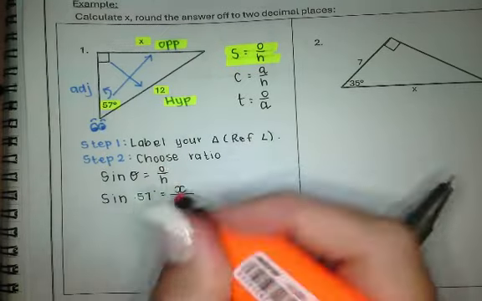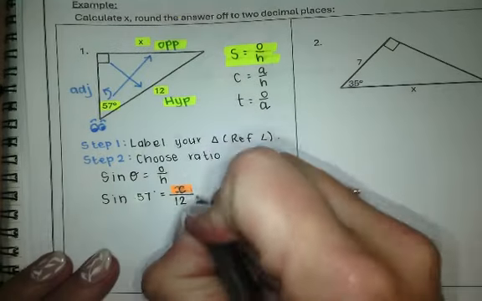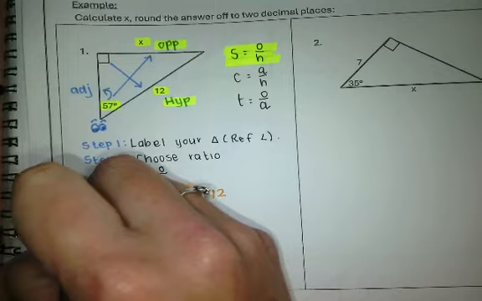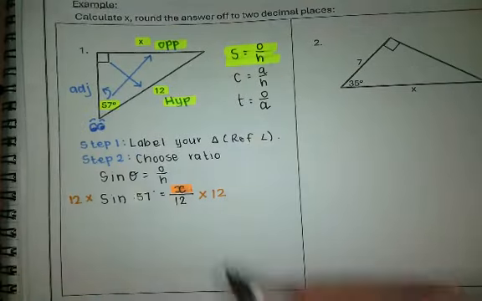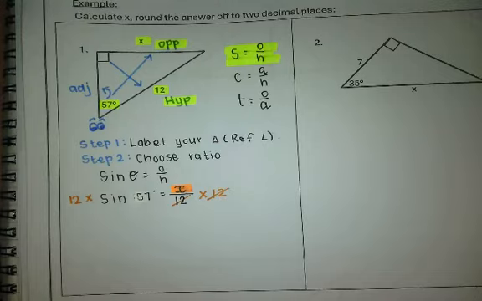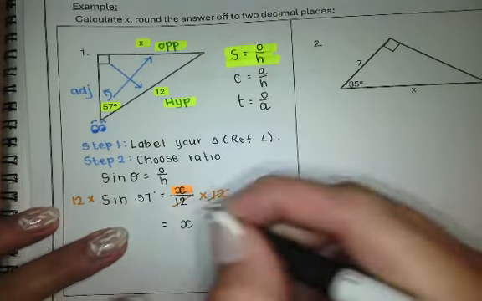We want x alone. x is being divided by 12, so inverse operation, we multiply both sides by 12. On the right hand side, the 12s cancel. Are you with me? And we then have x on its own.